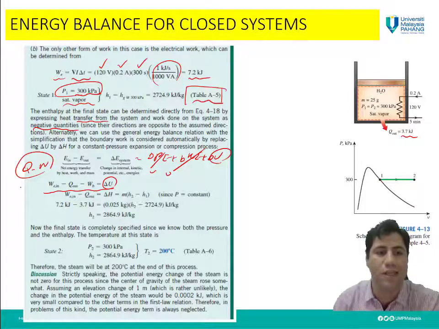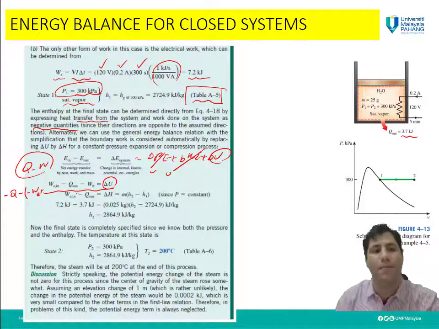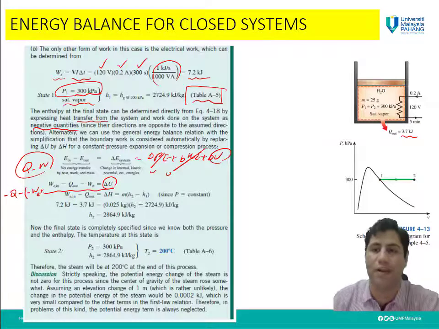So this will be like this, because we have Q out, minus W, which is also negative, on the system actually. So minus WE, and WB is from the system actually.